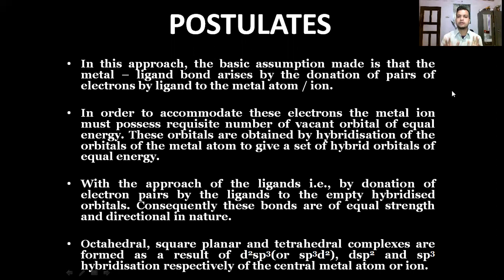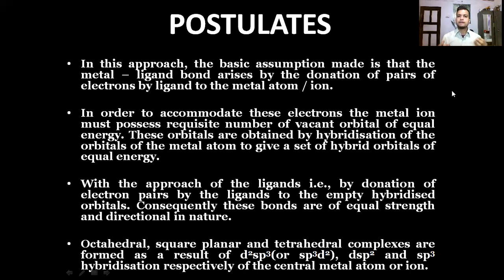Then it gives rise to nothing but the metal ligand bond, which we call a coordinate covalent bond. The second point in valence bond theory: in order to accommodate these electrons, the metal ion must possess the requisite number of vacant orbitals of equal energy.